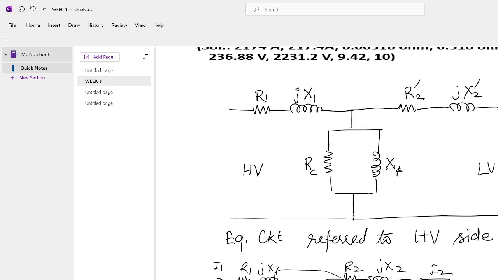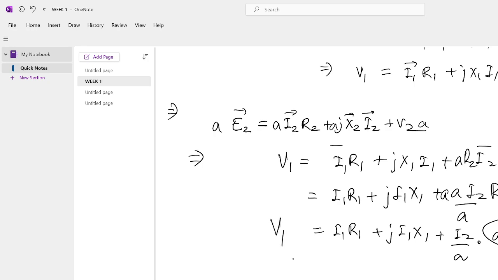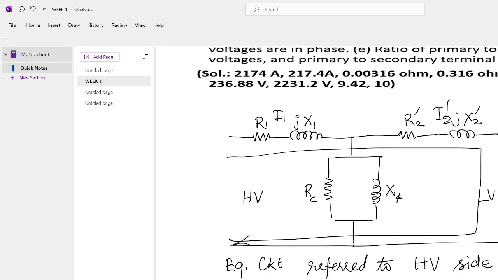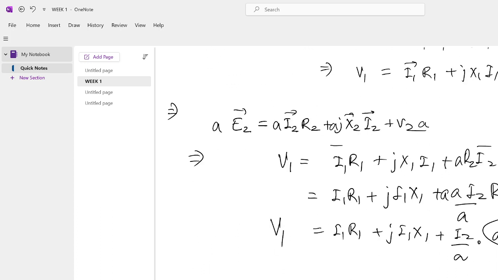If you go with KVL here, this is I1, here is I2 dash, and if you represent R2 dash as A square R2 and X2 dash as A square X2, you will land up with this equation: V1 is equal to I1 R1 plus j I1 X1 plus I2 by A, that is represented by I2 dash, A square R2 represented by R2 dash, and j I2 dash X2 dash plus A V2.